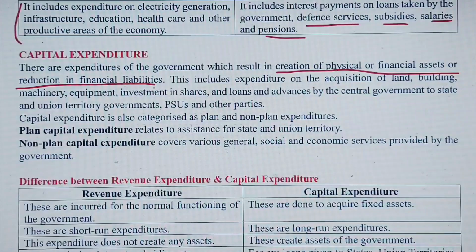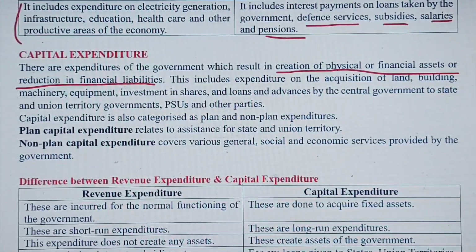So this includes expenditure on the acquisition of land, building, machinery. These are all fixed assets.